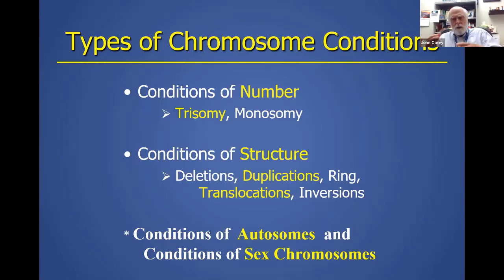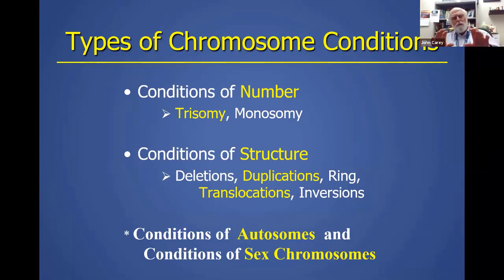And then there are rings and inversions. I'm not going to talk about them. And importantly, translocations, which can lead to missing pieces or extra pieces, partial trisomy, partial monosomy. We'll talk about that in a little more detail because it's an important cause of partial trisomy 13, partial trisomy 18, and of course, 9p trisomy.